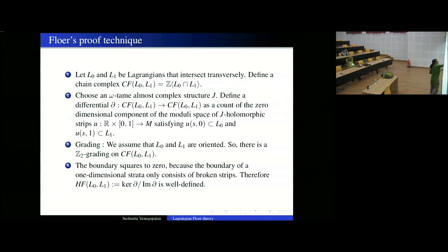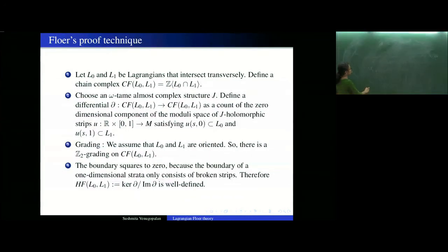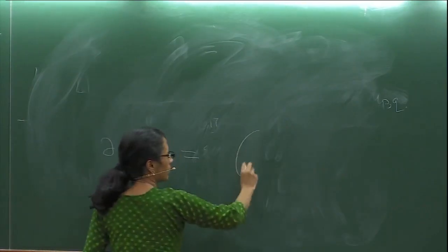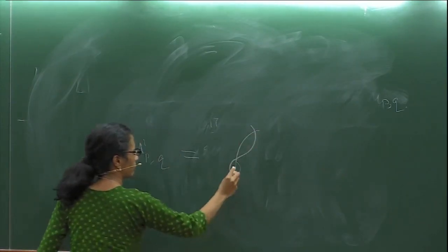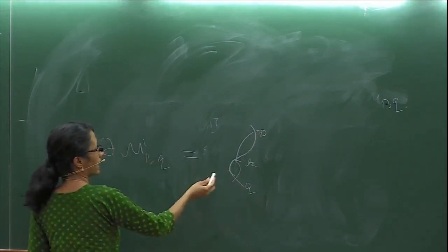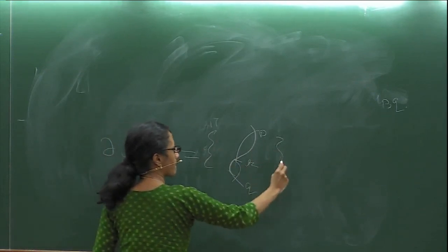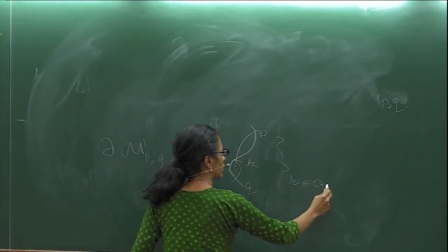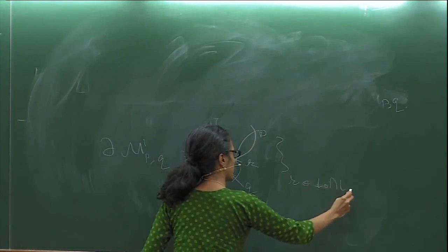Let me repeat it one more time. If you take a one-dimensional moduli space of strips going from P to Q and look at the boundary, it's going to be made up of these kinds of broken strips, where R is allowed to range over the various intersection points.